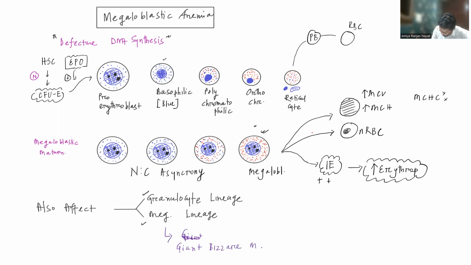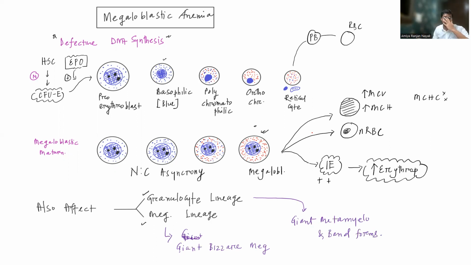Because of involvement of the granulocyte lineage, again the same thing will happen. There will be a nuclear defect in the nuclear maturation, and in the granulocytic lineage, you are going to get giant metamyelocytes and also band forms.